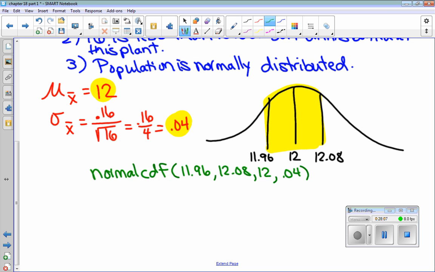Uh-oh, what did I do wrong? Okay, I was upside down looking over someone's shoulder, so I totally agree. We have 12 and then 0.04, and we got 0.819. I agree. Excellent. So pretty likely. We have a pretty good probability that it would be between those two values.